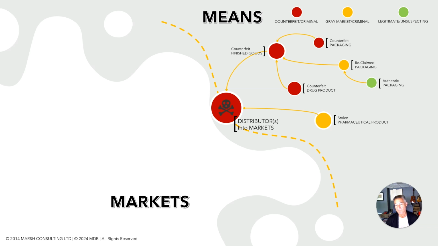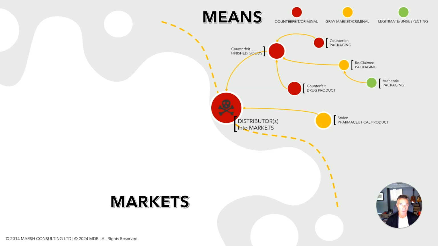So that's essentially the simplified version of an upstream network of counterfeiter activities and other illicit actors creating packaging and primary packaging components.